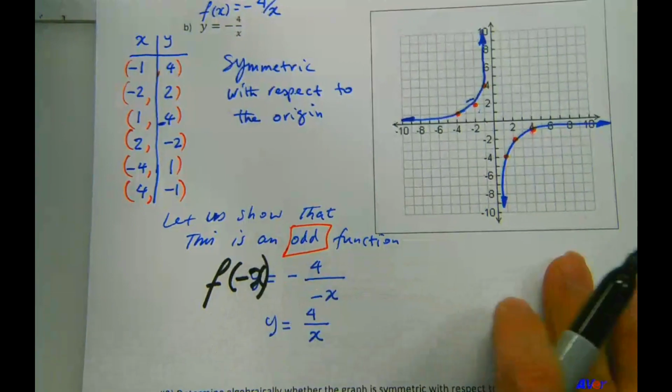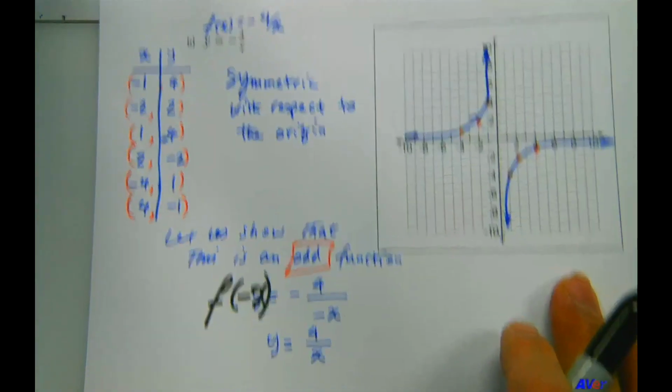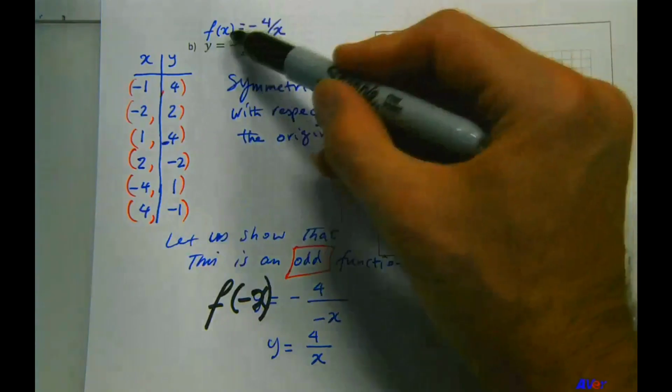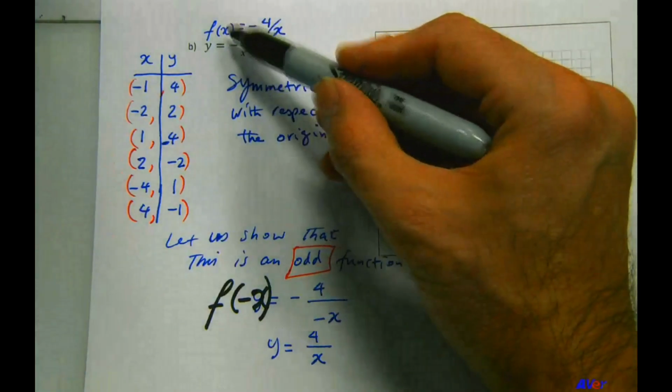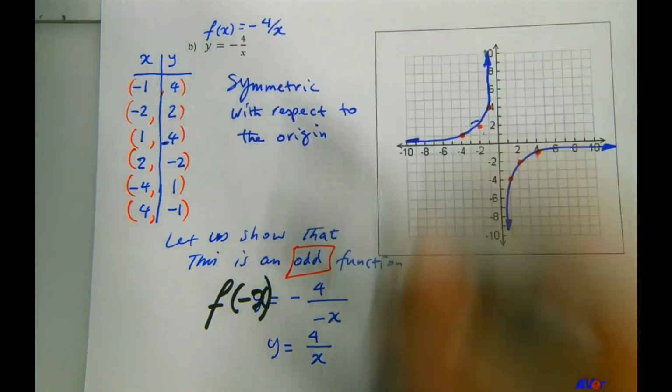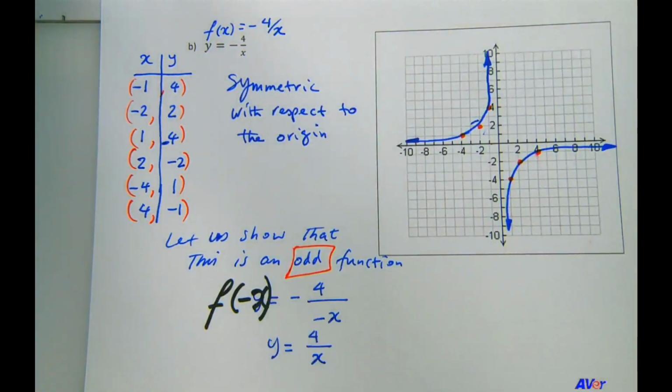So we replace, you can barely see it up here, we replace x with negative x, right? That's what we did. Now what did we get? We get positive 4 over x.